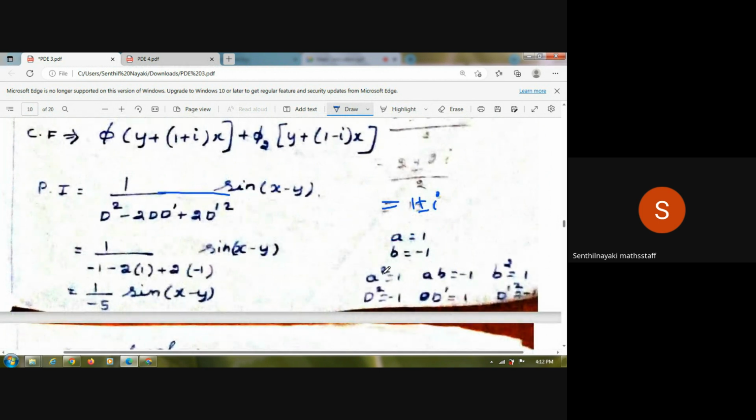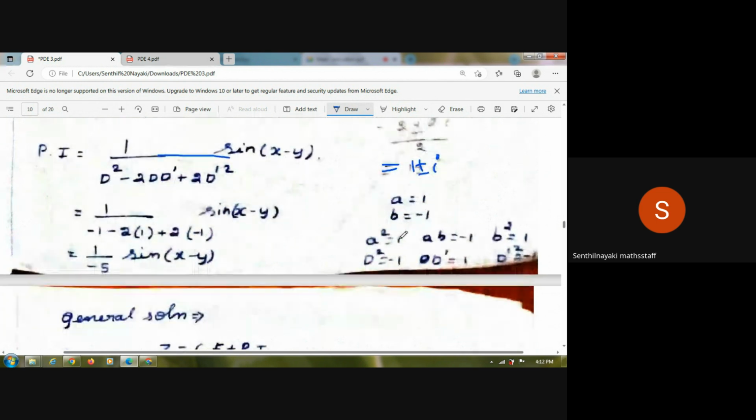Next we have to find the values of a squared, ab and b squared for replacing D squared, DD dash and D dash squared respectively. a squared is 1, ab is minus 1, b squared is 1. Replace D squared by minus 1, DD dash by minus ab, that is 1, and D dash squared by minus 1, so we change the signs.